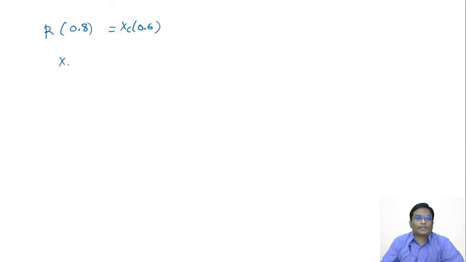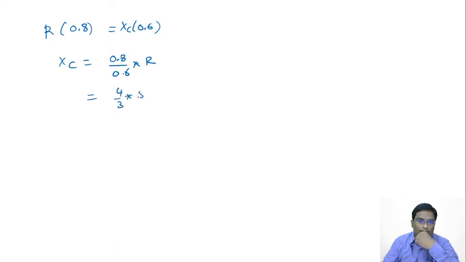Right. Okay, therefore, what is the XC? This is 0.8 by 0.6 into R. Okay, this is 8 by 6, 4 by 3 into R given as 50. Okay, this is 200 by 3. This is your XC.